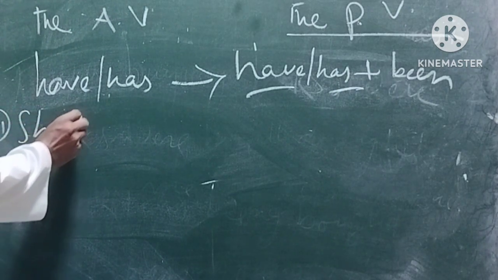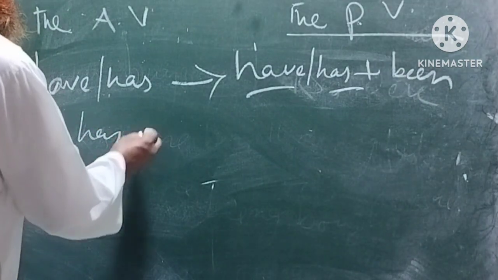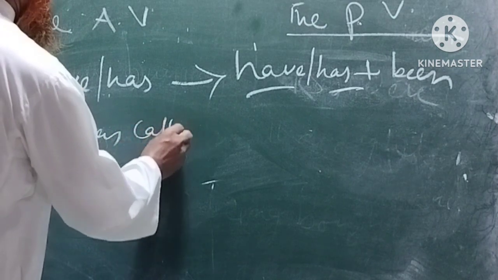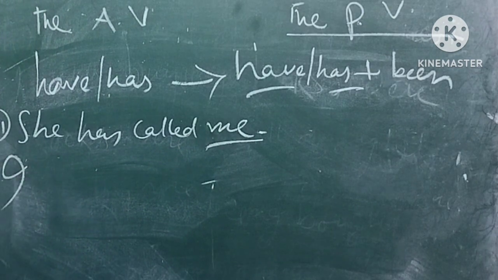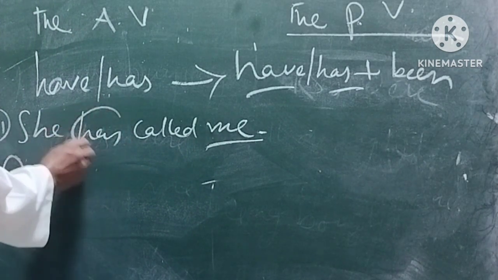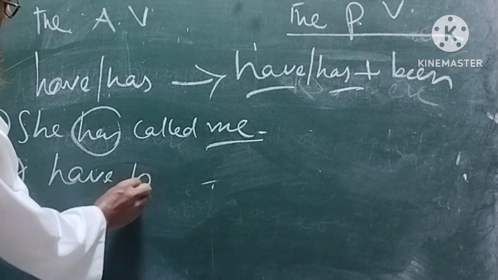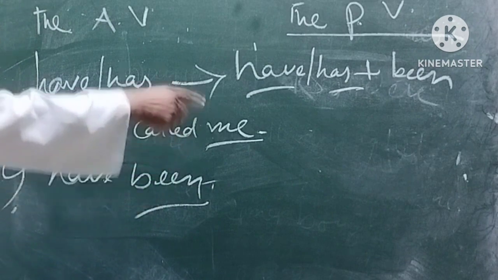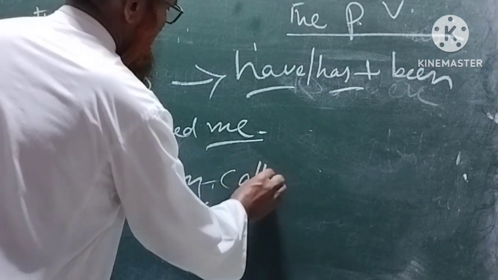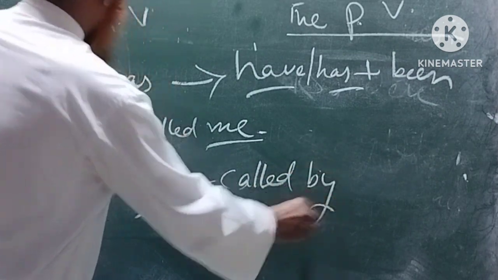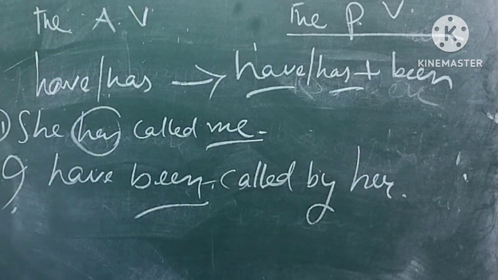She has called me. Me will become the subject I. With I, in place of has, have will come. I have been. Been is common with have. I have been called by her.